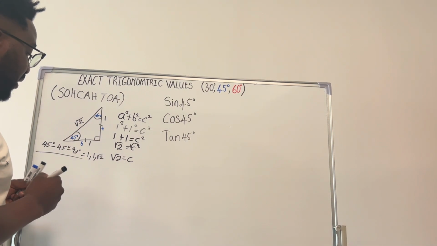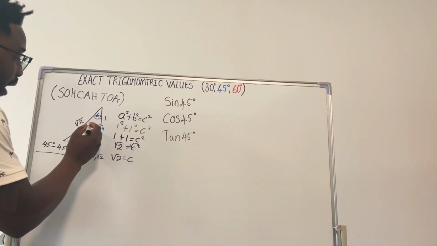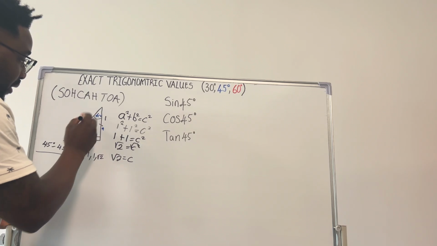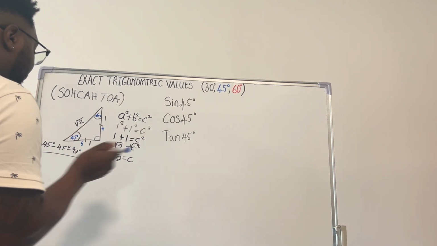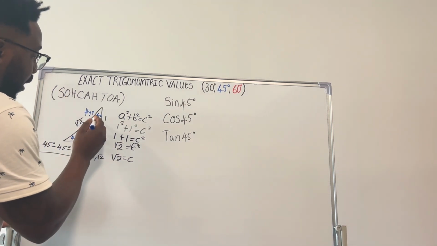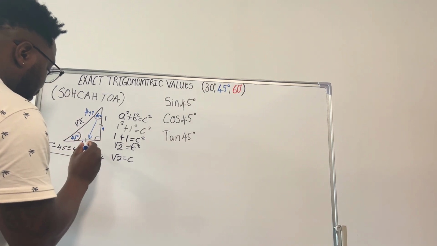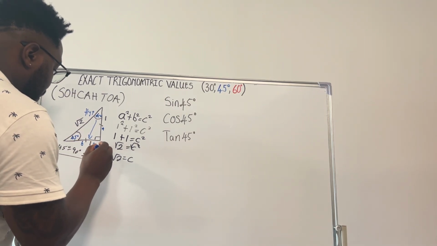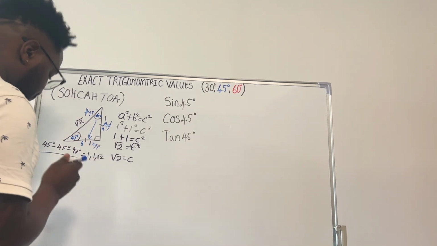Let's say I choose this angle over here. The longest side is my hypotenuse. Since I'm using this angle, the opposite side right there will be my opposite, and this other part here will be my adjacent.